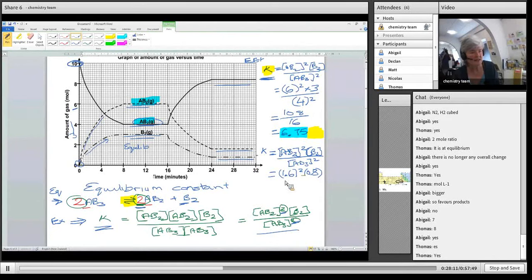Right. And then I divide that by my AB3, which up here is now, if that was 8, it's 8.2, 8.4. So it's 8.4 squared.